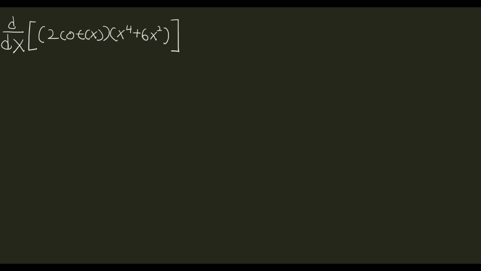So we have another function that we want to take the derivative of, 2 cotangent x times x to the fourth plus 6x squared. Feel free to pause the video and work on this yourself, but you don't have to. I'm not forcing you. So we could label 2 cotangent x as our f function, and our second function, x to the fourth plus 6x squared, as our g.